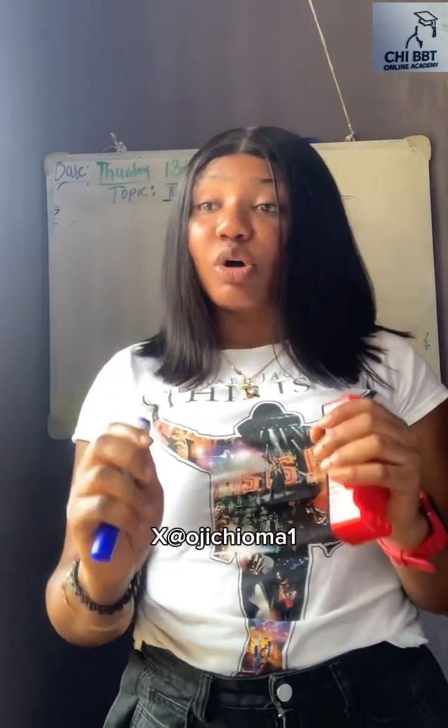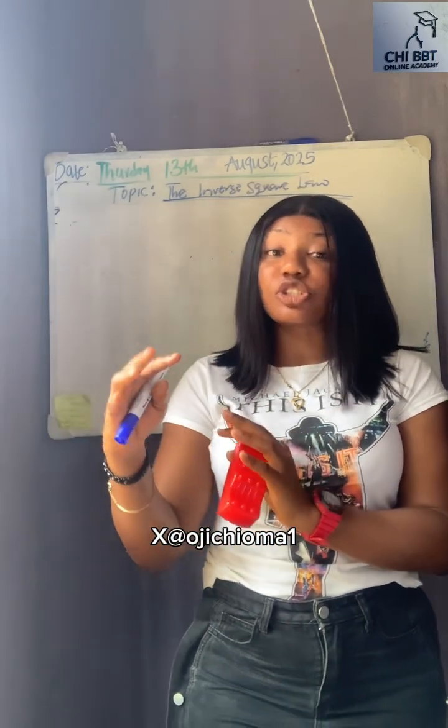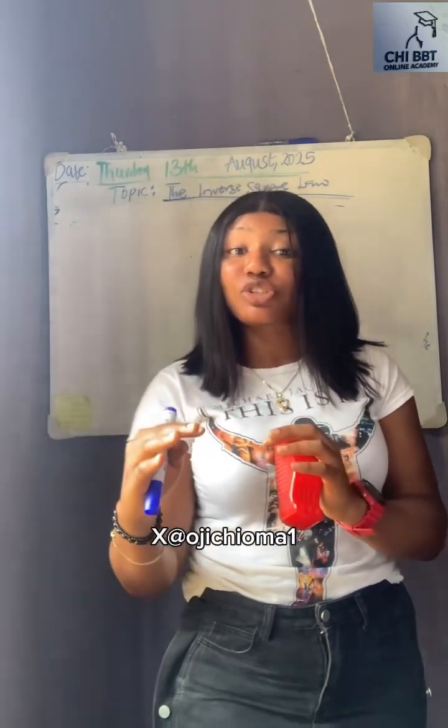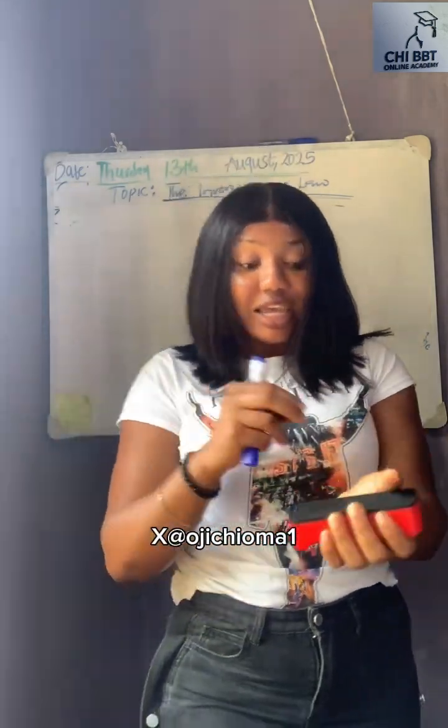But in Newton's law, we are only dealing with attraction of particles. That's why Newton's law is directly proportional to the product of masses. But in electrical force, it is directly proportional to the product of the charges of one particle and the other. I'm going to elaborate why.